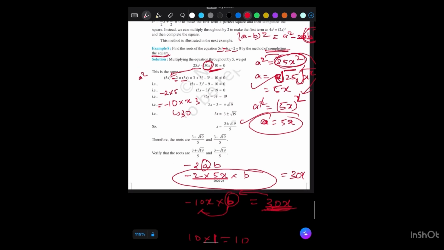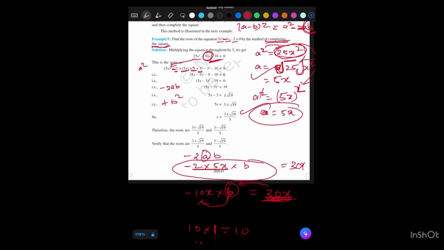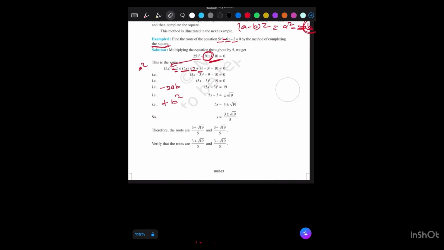That is why we have written b, because the formula is minus 2ab. So we have minus 2, value of a and value of b. Okay, what is the remaining? Plus b squared, right? That is why we have written plus 3 squared. But there is one thing that you need to notice here.